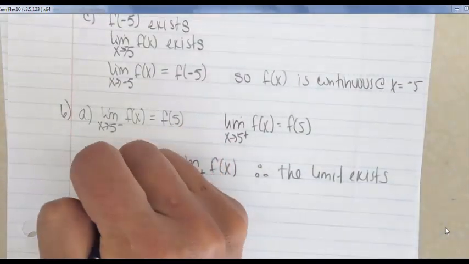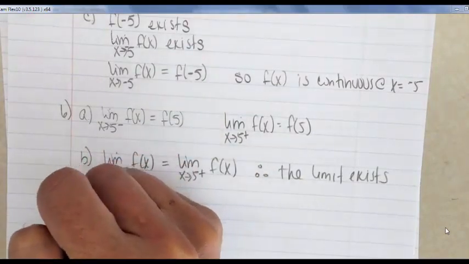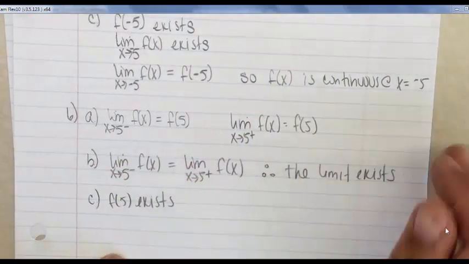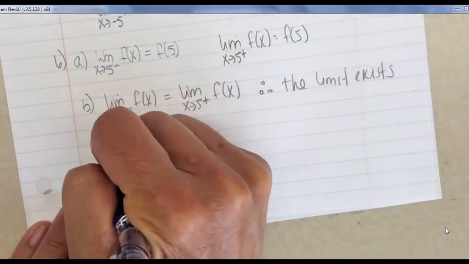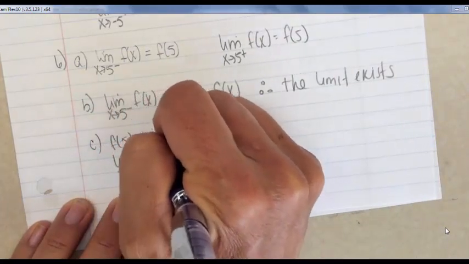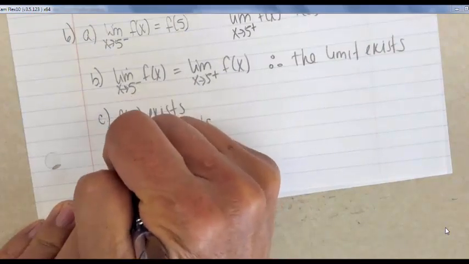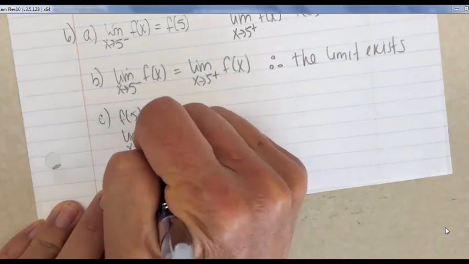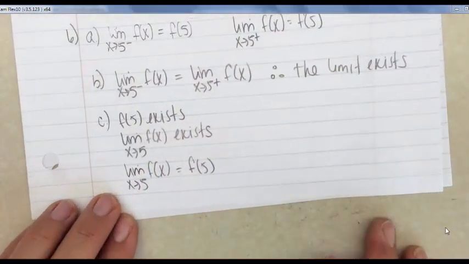So f of 5 exists. The limit as x approaches 5 of f of x also exists. And the limit as x approaches 5 of f of x is actually equal to f of 5. So it is continuous.